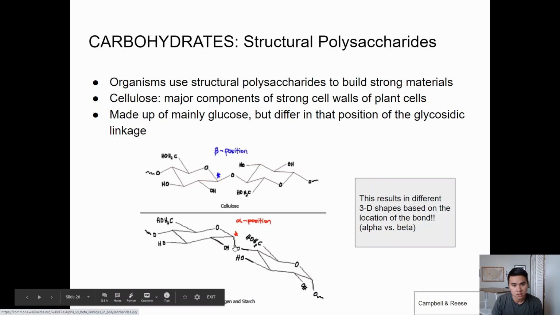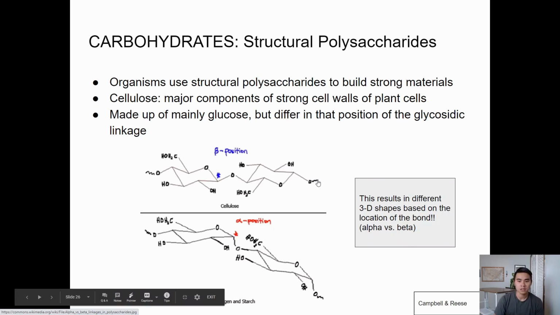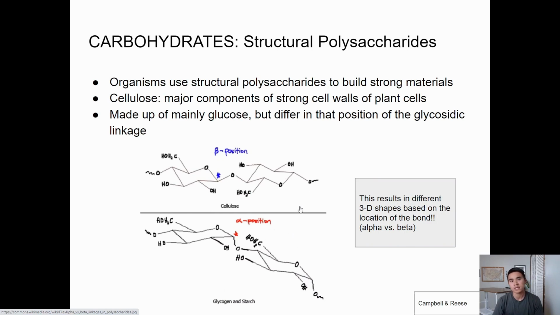They're both glucoses, but they're bonded in different positions, which changes what the carbohydrate is used for. So this slide emphasizes the idea that the bonding location also influences the purpose of the carbohydrate.